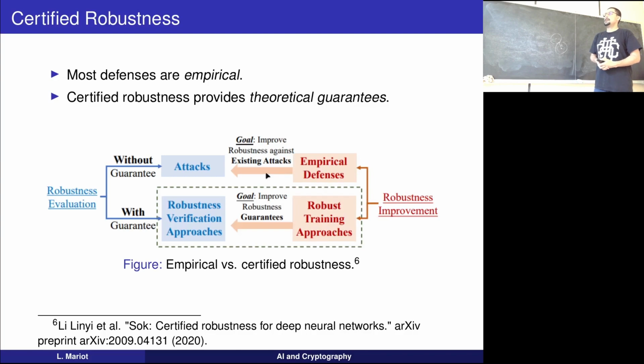Here instead, in the bottom part of the image, we want some robust training approach or robust testing phase, where the goal is to improve the guarantees. So even for unseen adversarial examples, we are still able to guarantee that they won't be misclassified by the neural network.